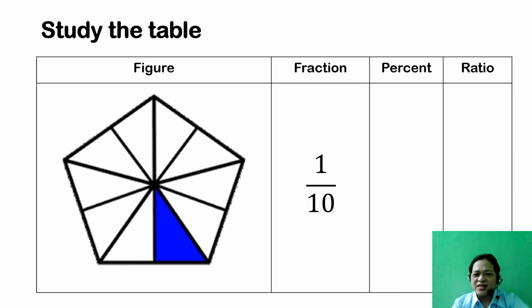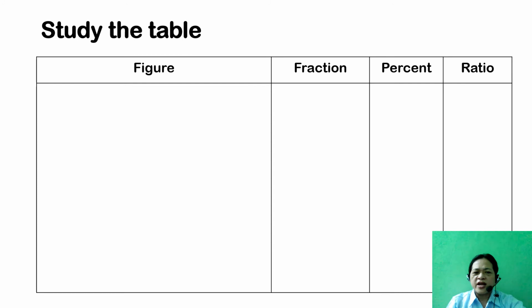So what is it now in percent? Yes, it's 10%. And what is the ratio of the shaded parts to the total number of parts? Very good. It's 1 is to 10. Clear? Okay. Everybody try this.